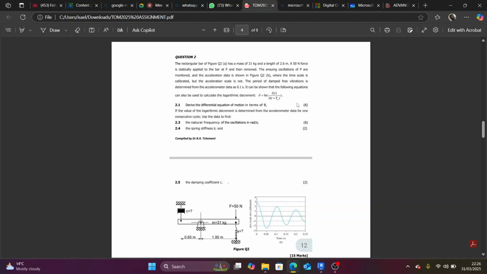What is this period? The period of the damped free... It means the part without the damper, right? When you have sugar free, it means there's no sugar. Nothing hard here. Damped free, without damper.